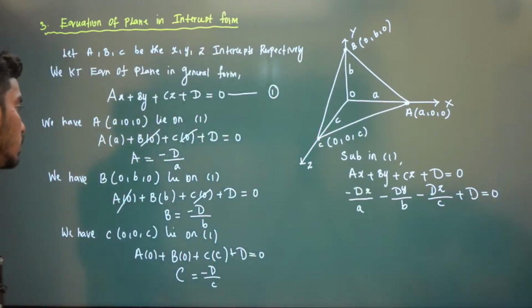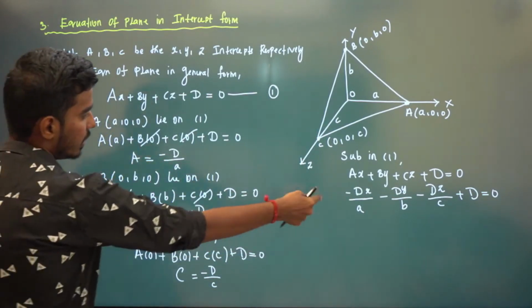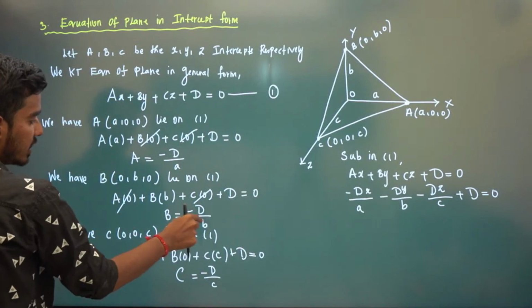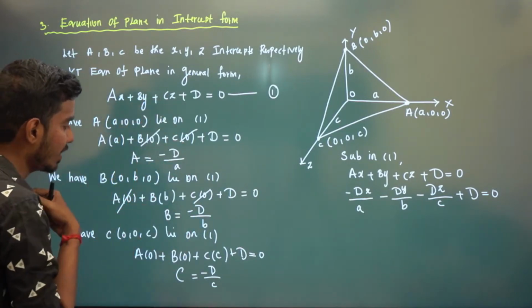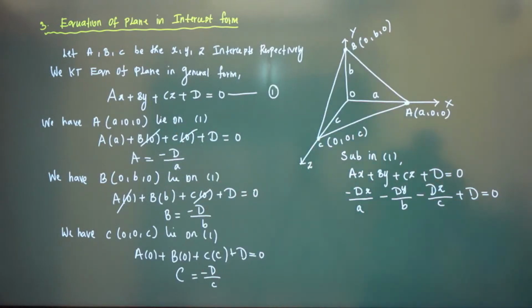So we just put a to be minus d by a x, b to be minus d by b y, c to be minus d by c z, right?